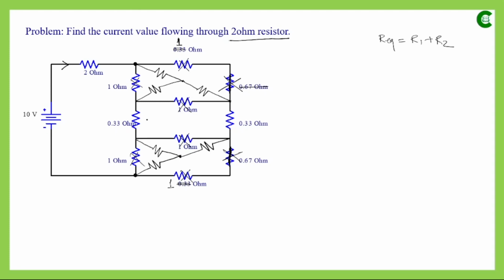This way we can reduce two resistances from this side. And again on the other side, since they are connected in series, they will be simply added, and there also we will be having only one resistor. So instead of having six resistances, we can represent this part of the circuit by two resistances.